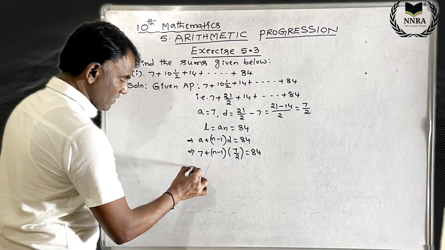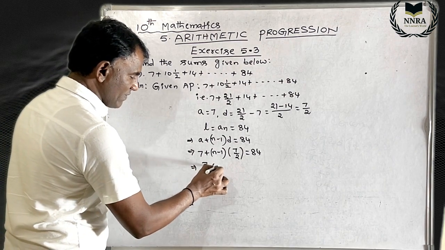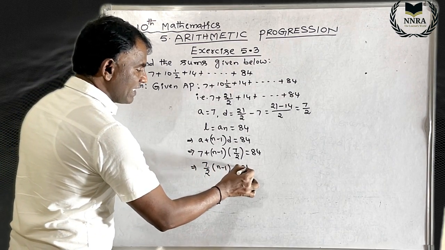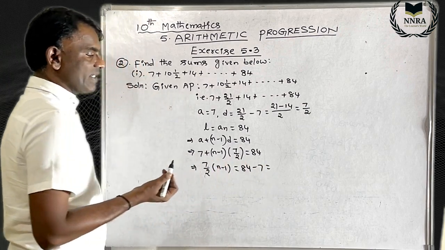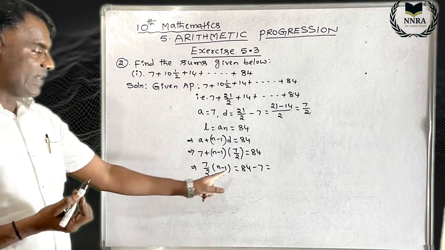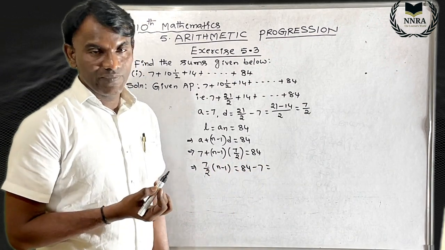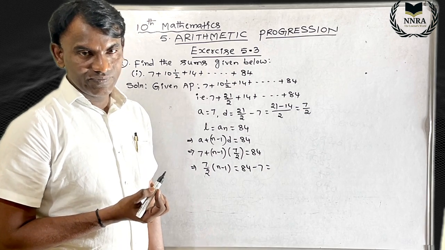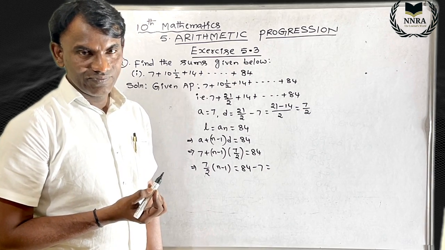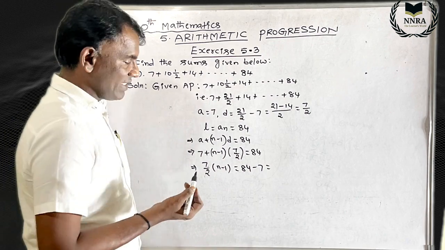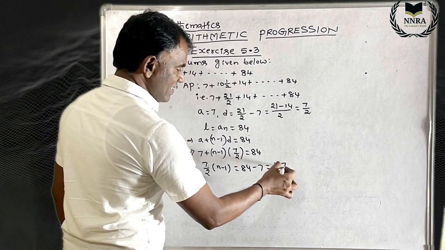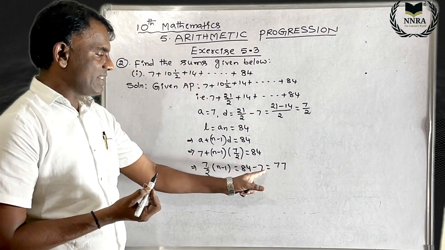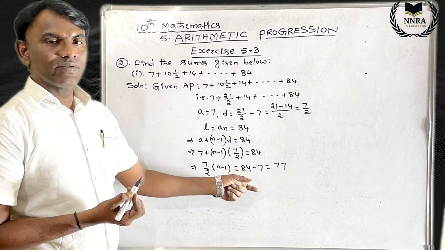Then 7 by 2 into n minus 1 equals 84 minus 7. What is the difference, 84 minus 7? 77. Correct, 77 plus 7 is equal to 84.